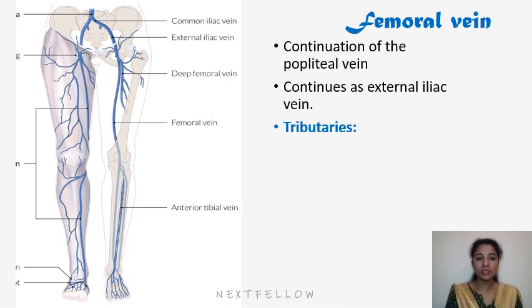So here we can see the tributaries of the femoral vein in the femoral triangle. The long saphenous vein or the great saphenous vein is an important tributary, and we can see some veins which open at the junction where it opens into the femoral vein, that is superficial epigastric vein, superficial external pudendal vein and superficial circumflex iliac veins, which drain into the femoral vein just at the opening of the saphenous vein.